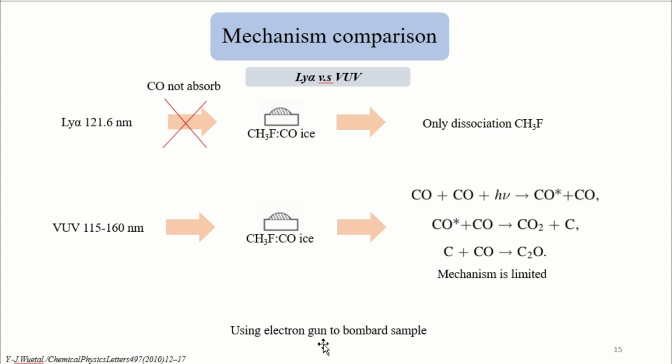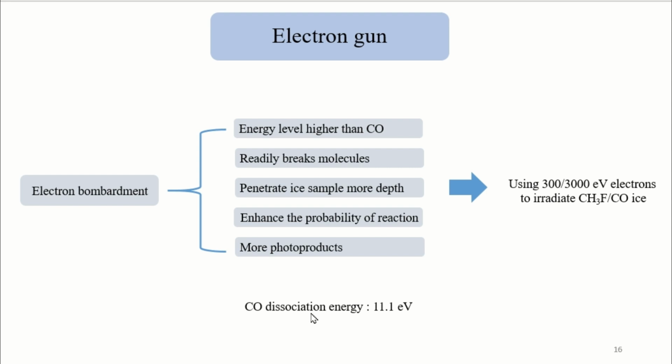So the next experimental part will use an electron gun to bombard the sample, because dissociation of CO requires 11.1 electron volts, which falls outside of the photolysis range.